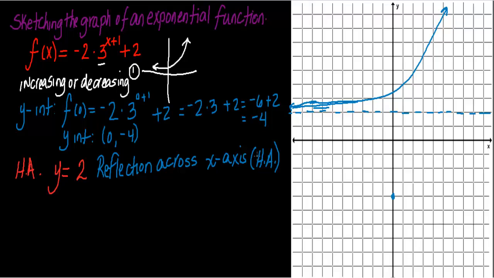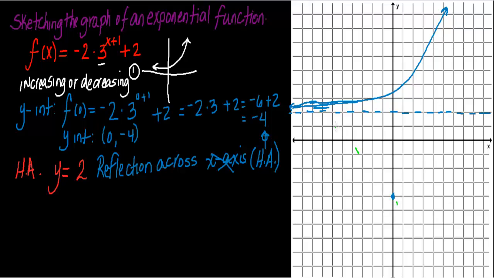Since my horizontal asymptote moved up 2, now I'm going to reflect across my horizontal asymptote. I'm going to make believe that I folded this paper across this horizontal asymptote, and the reflection will be across that asymptote. So it's going to go somewhere like this, and here's my y-intercept.